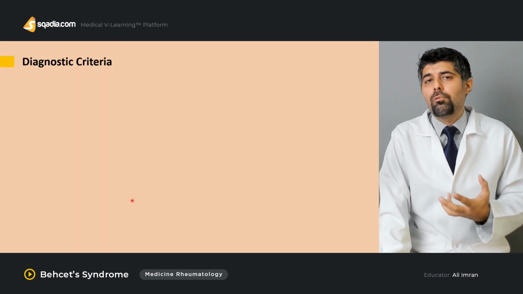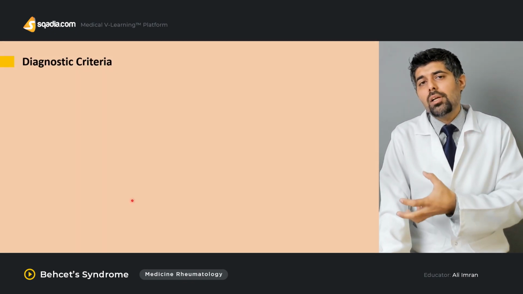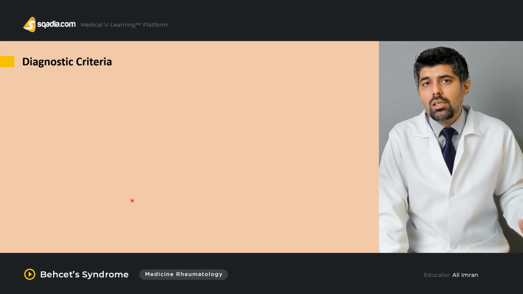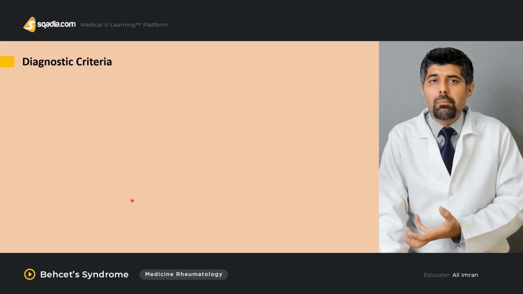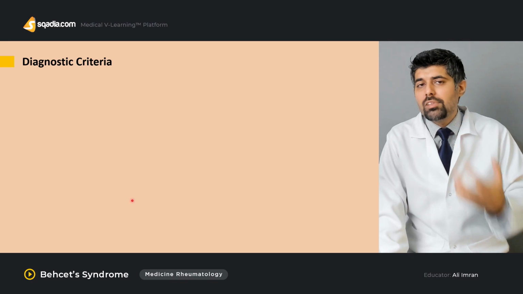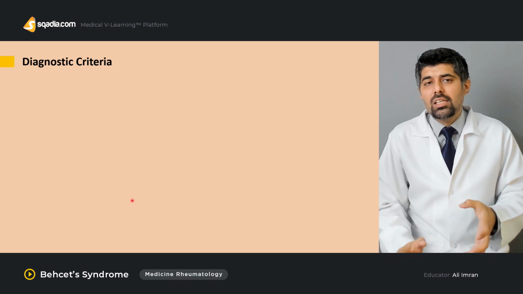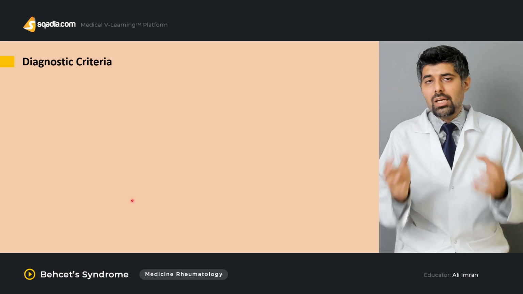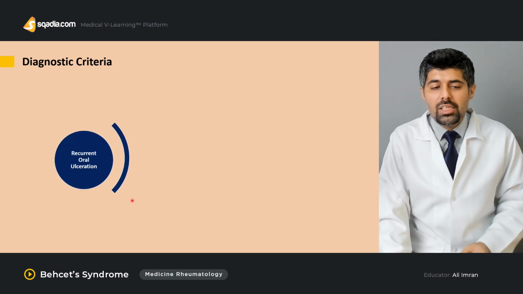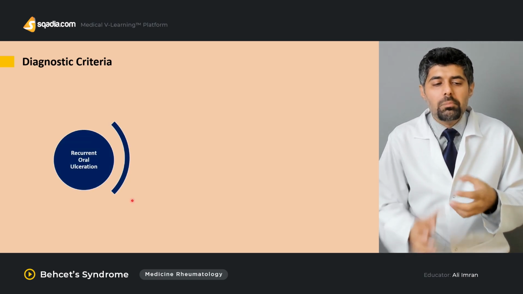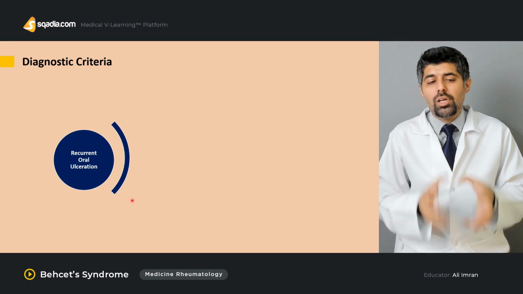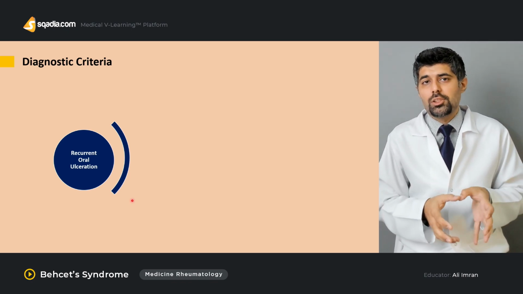Now, as I said before, Behcet's can be diagnosed both on imaging and on physical exam. When performing the physical exam, there are certain rules and guidelines. These rules and guidelines are that the patient must have recurrent oral ulcerations.